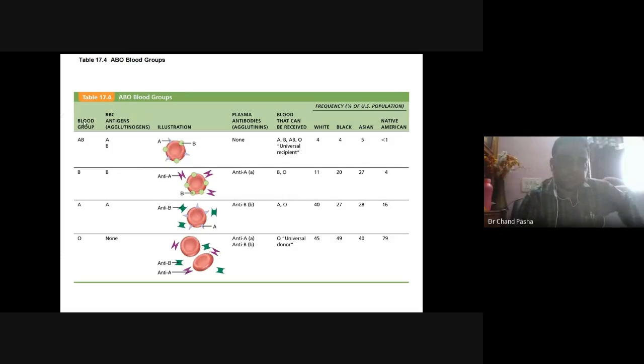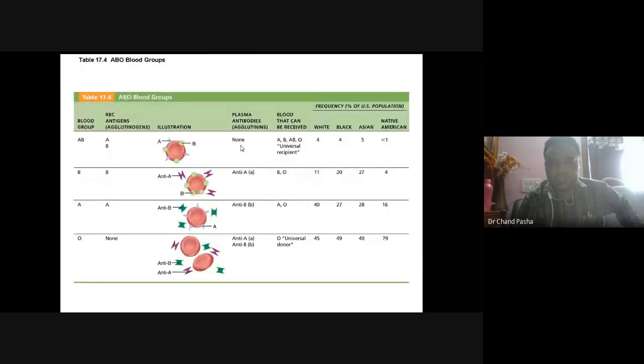So if the blood group is AB, on RBCs you have both A and B antigens, as explained here, and there are no antibodies.